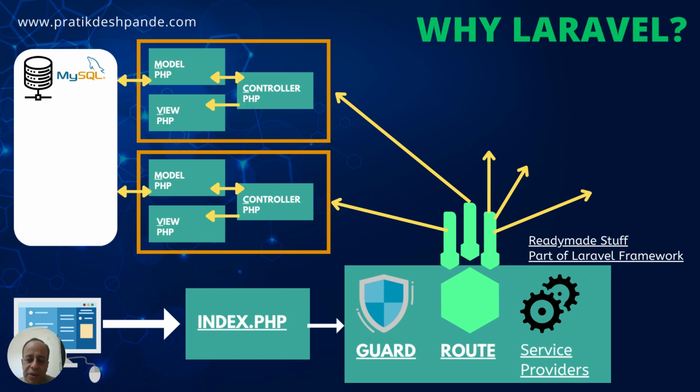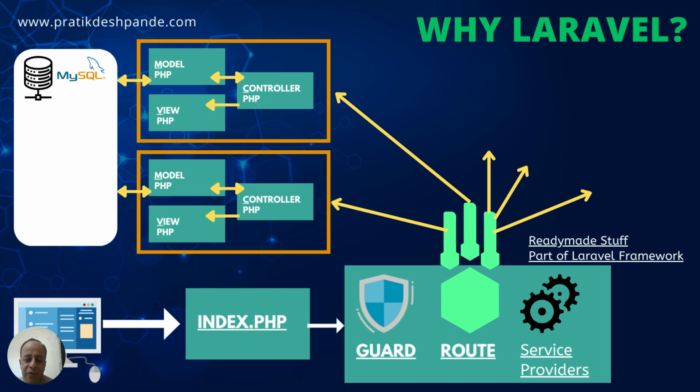Then it routes that user to a particular screen as per their roles, as per their user type, and so on. So this routing takes care of that. And there are some service providers also, something like authentication and so on, which you can use ready made. So basically this framework, as in the earlier slide I mentioned, is nothing but a ready-made platform for you.